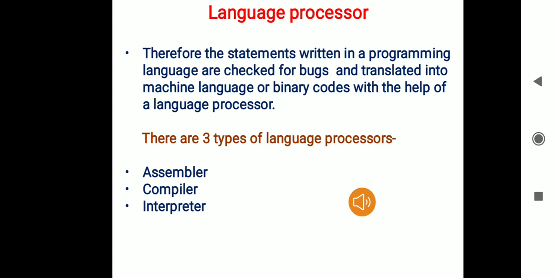So all other statements written in a different programming language have to be finally translated into the machine language or the binary codes. This translation is done by a system software called language processors. There are three types of language processors: assemblers, compilers, and interpreters.